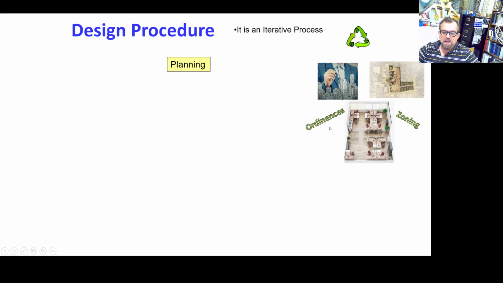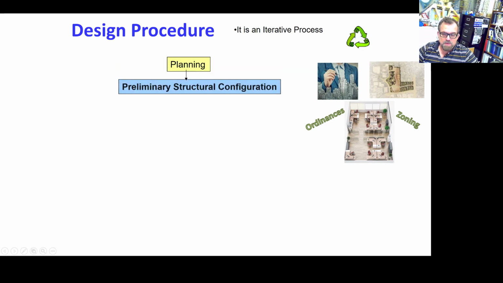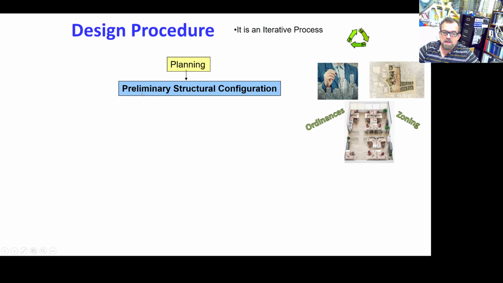So it deals with the zoning, with the ordinances, the distribution of the spaces. And after we have that, and the architect provides you with his vision of what this project is going to be like, then comes what is called, or I call, preliminary structural configuration.